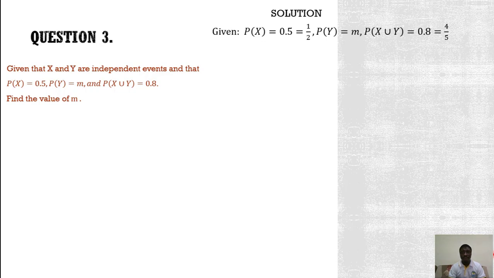In the question we were given probability of x equal to 0.5, which is the same as 1 over 2, probability of y equal to m, and probability of x union y equal to 0.8, which is also the same as 4 over 5.